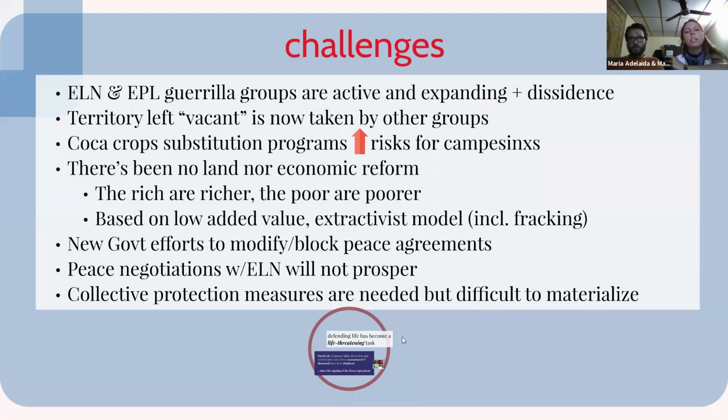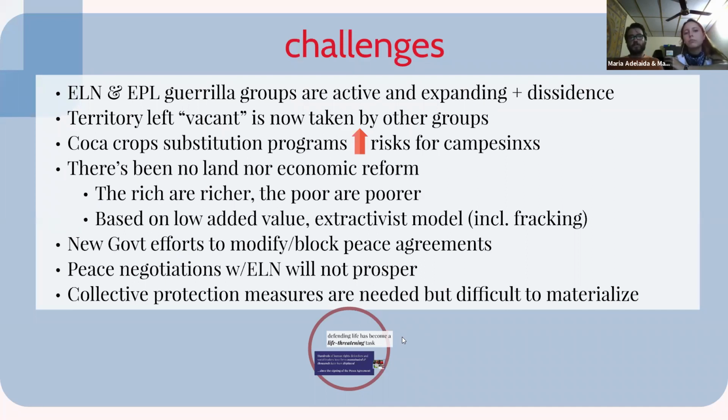force them to keep the illicit crops. There has been no land or economic reform, which has been one of the most problematic situations for us in the transitional justice and the post-conflict scenario, just because we haven't approached this point of the peace agreement, which was the first one.